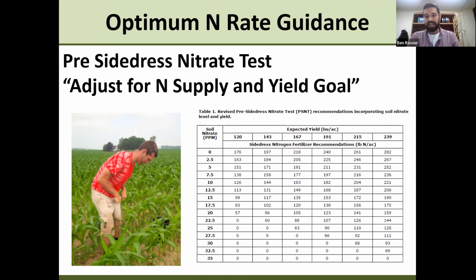You can see in the recommendations, the left-hand side of that table gives the ppm values that you might get back from the lab. Then for a given yield expectation, the columns going across the top of that table give you a nitrogen recommendation based on how much is there and what your expected typical yield would be for that field. So it's a little bit different, just going off of nitrogen supply.